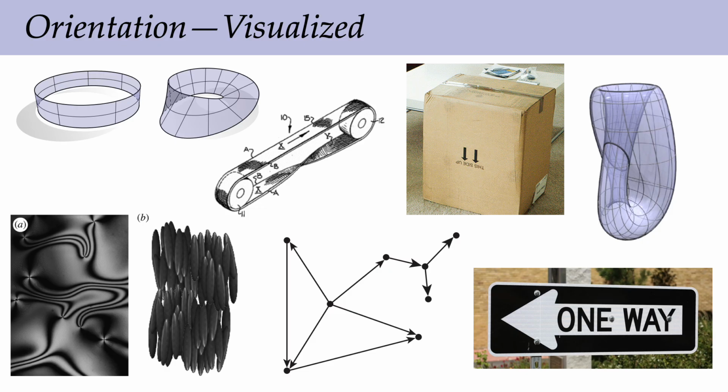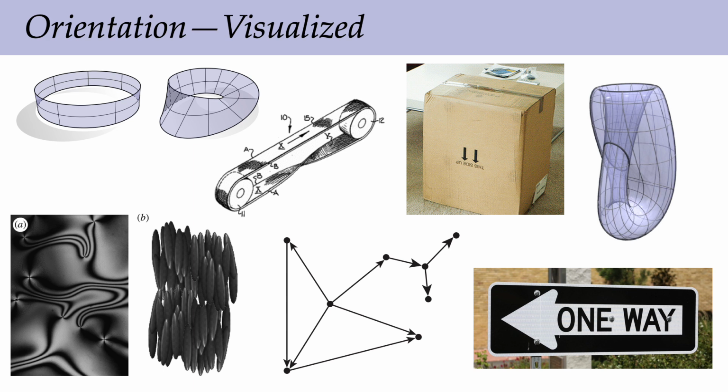So before giving a precise definition of orientation, I just wanted to show a few pictures to get you in the mental frame of thinking about orientation and realizing that there are a lot of things that you encounter in your day-to-day life, or also maybe some things you don't, where orientation plays an important role. Maybe the most important one is that some streets are oriented. If you have a one-way street, you can go this way and not that way. Right? It's a directed street.